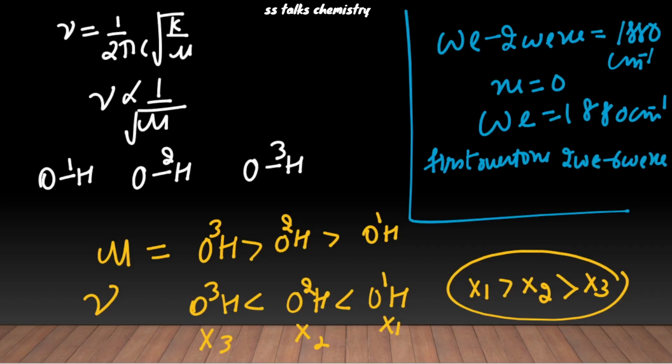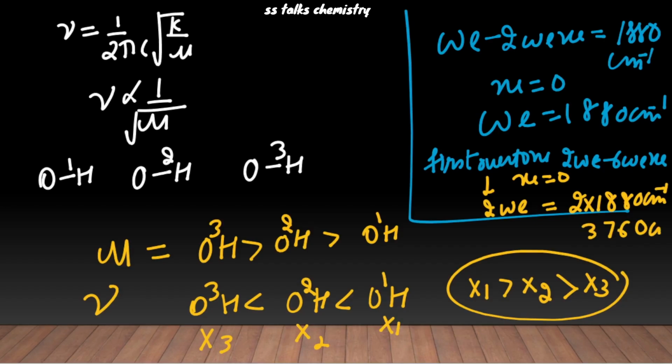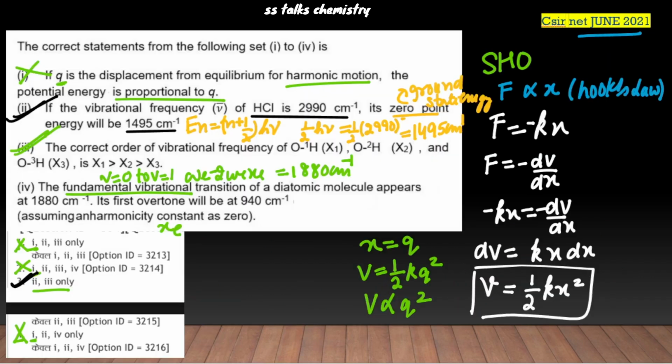Again we can consider the xe value as 0, so the first overtone will be at 2 omega E, that is 2 into 1880 centimeter inverse, which is 3760 centimeter inverse. At this the value you should obtain, but the given value is at 940 centimeter inverse only. So that makes this given statement the incorrect one.